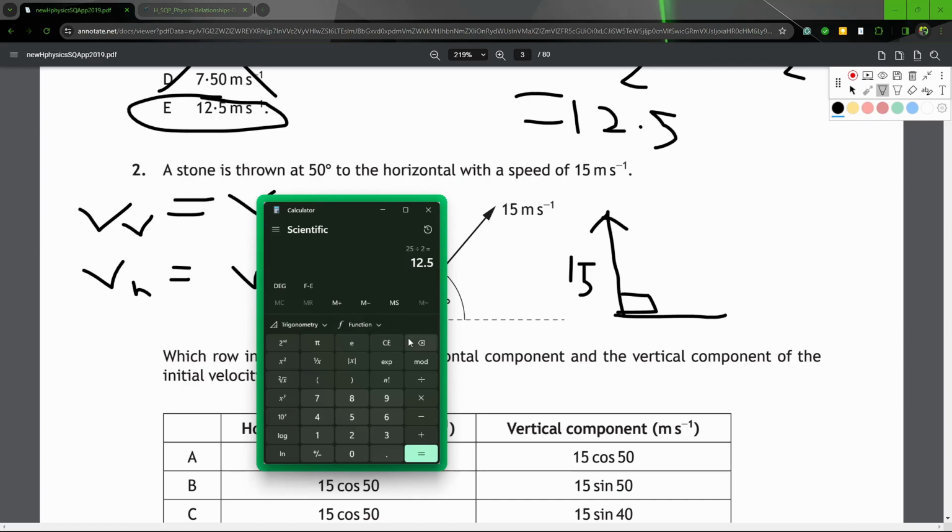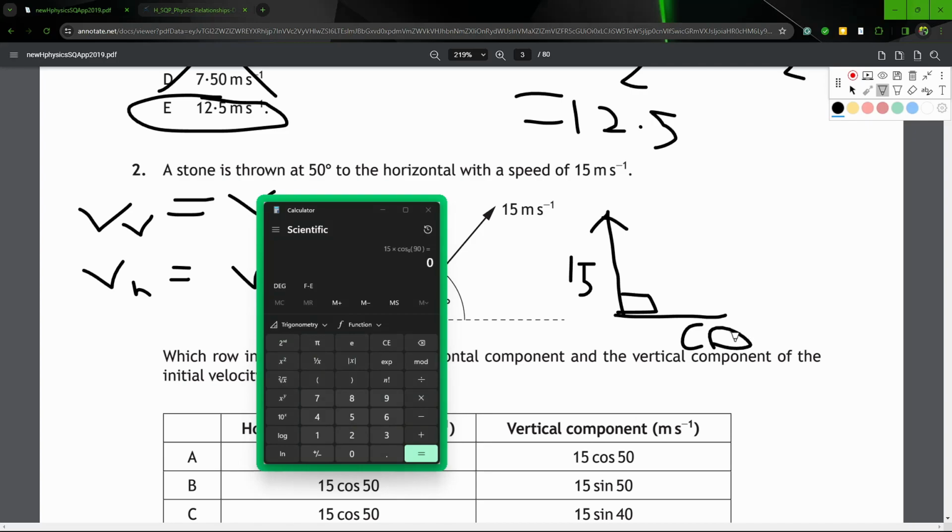You're completely vertical. And if you go over here and do 15 times cos 90, it's going to get me 0, so that means cos must calculate horizontal.